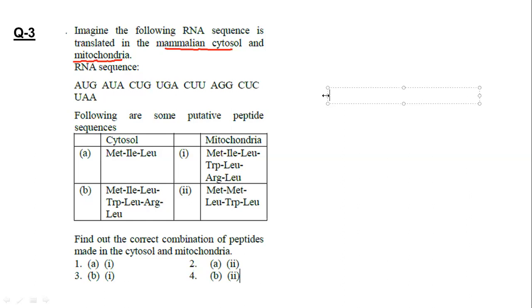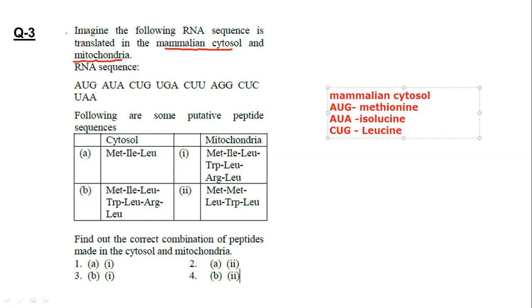In mammalian cytosol, AUG codes for methionine, AUA codes for isoleucine, CUG codes for leucine, and there are three stop codons, UAA, UAG and UGA.